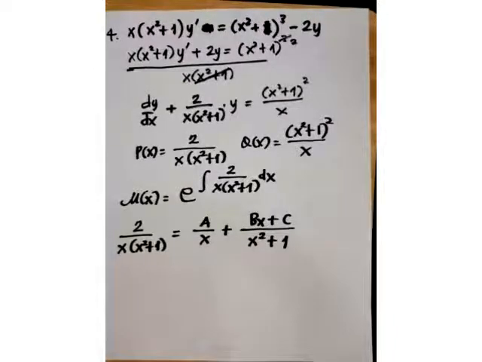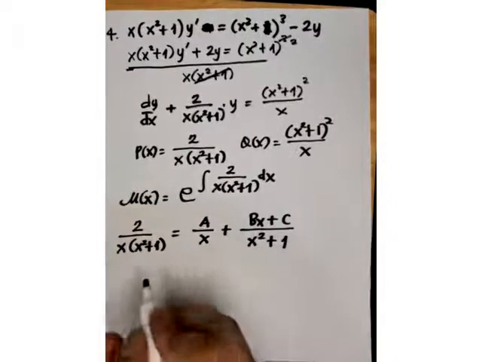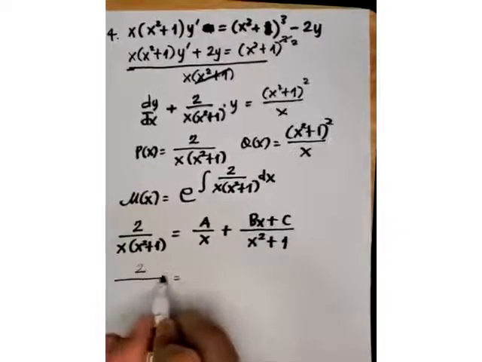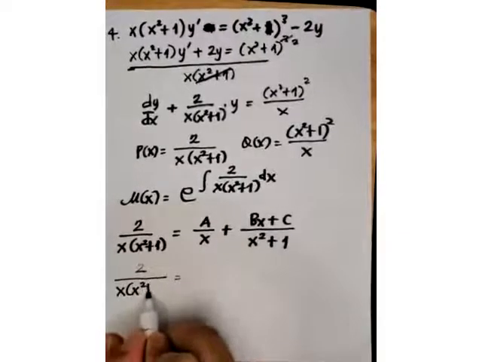Partial fraction decomposition. So we need to find the values of a, b, and c, para makuha natin yung ating i-integrate na mas madali. Okay, so ang gagawin natin is i-add natin to ulit. That's 2 over x times x squared plus 1.